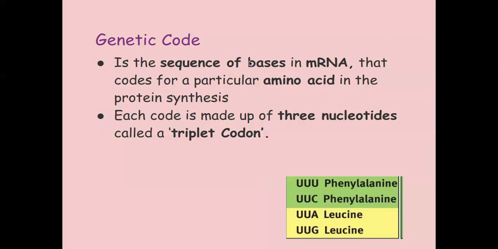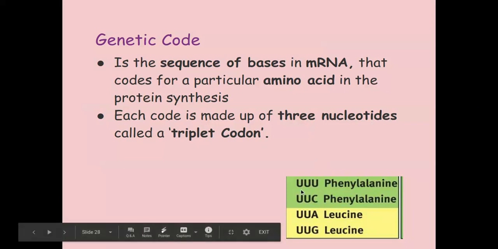So the genetic code is actually the code on the DNA which is copied into the RNA and used to make the protein. Now the code is made of three nucleotides, and thus it is called a triplet codon. Now some books quite simply call it the codon, but always keep in mind it's made of three nucleotides, or you can say three bases, and therefore it's called a triplet codon.